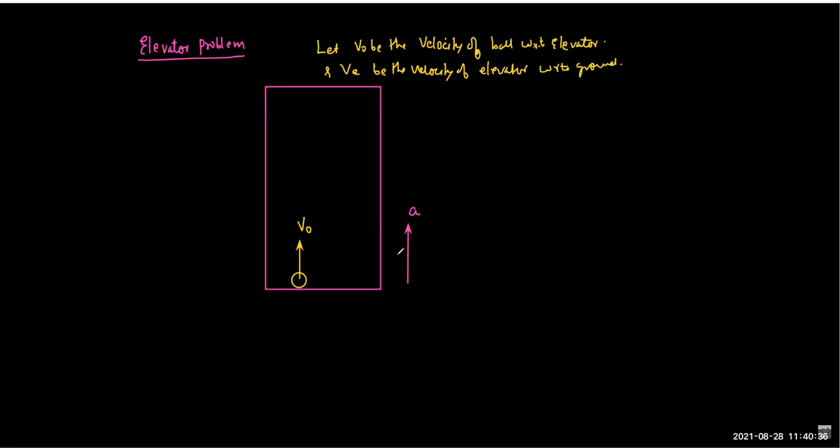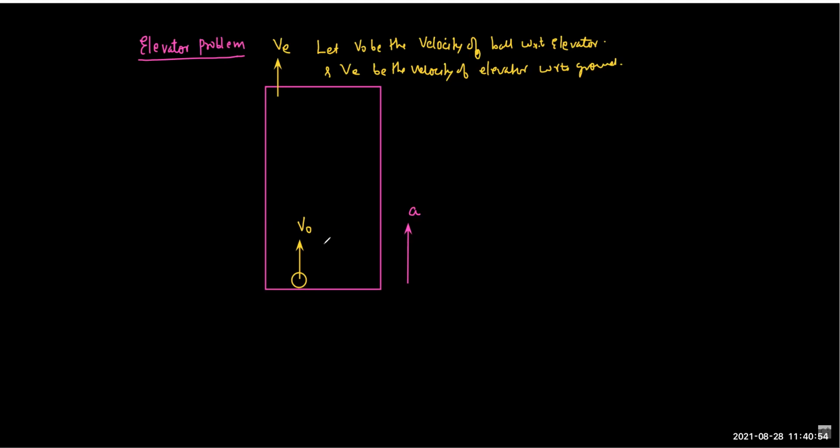That is the actual velocity. So at the time of projection, the elevator is already moving with what velocity? It is moving with velocity V E. V naught is the velocity with respect to the elevator.